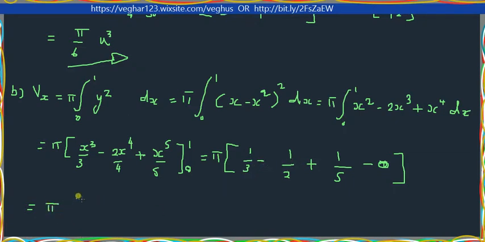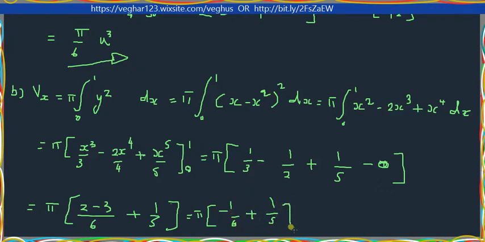You get 2 minus 3 over 6, multiplying the 2, it's 6, then plus 1 over 5. Then this becomes negative 1 over 6 plus 1 over 5. Then multiplying this one, you will have something like negative 5 plus 6, multiplying the 2, 6 times 5, it's 30.